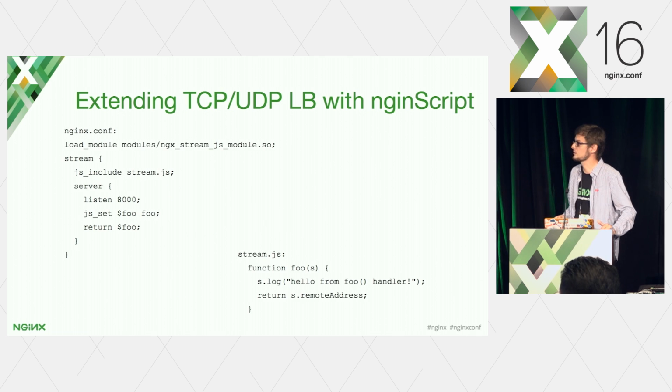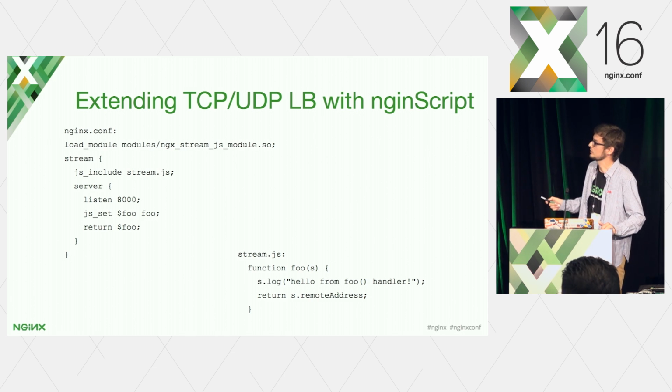With nginScript, this configuration snippet does pretty much the same as on the other slide. We're returning the remote address of our client in response. So what I'm doing here in nginx.conf, I'm loading the dynamic stream NJS module.